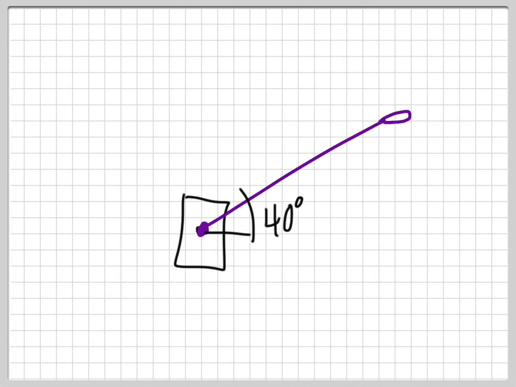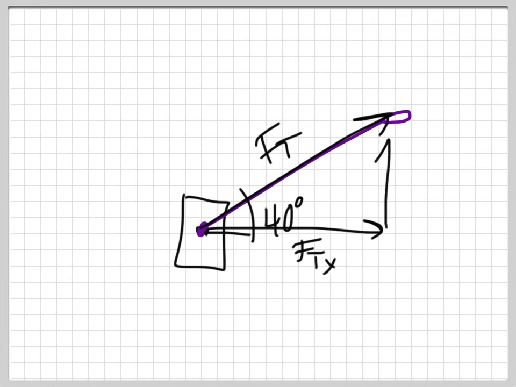We would have our force of tension, we would have force of tension X, we would have force of tension Y. Same exact process you use to resolve any other vector. We can have multiple cables on an object, yeah, exactly.